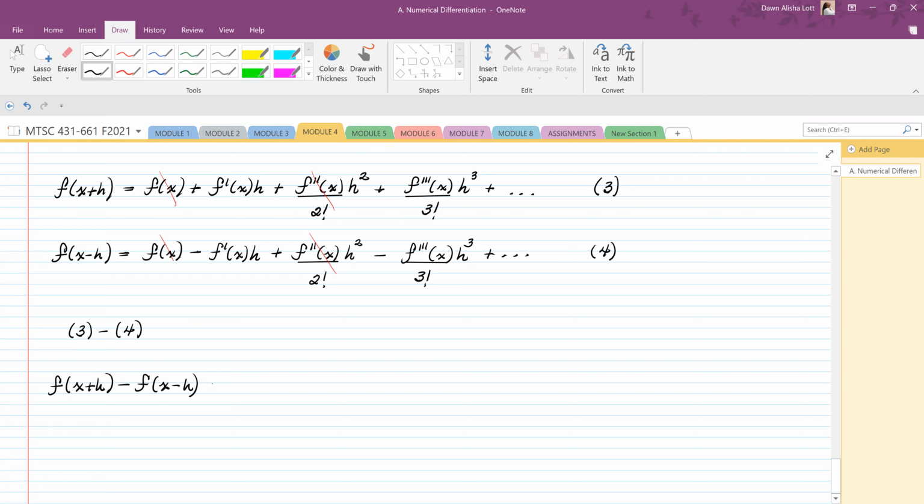So I get on here 2 times f prime of x times h, and I'm going to get 2 times f triple prime at x times h cubed, and it's still over 3 factorial, which I can simply write as 6 because that's a nice, easy one.